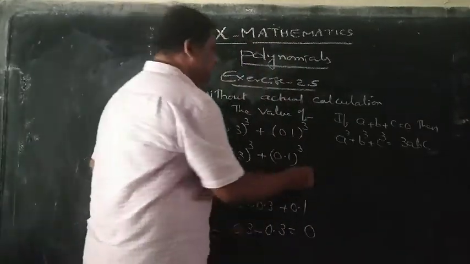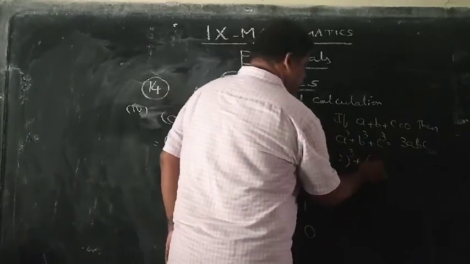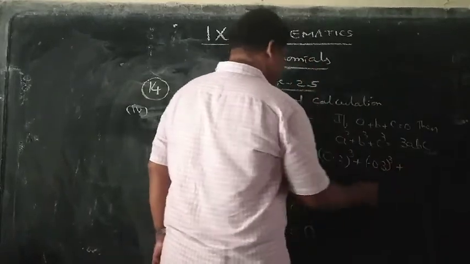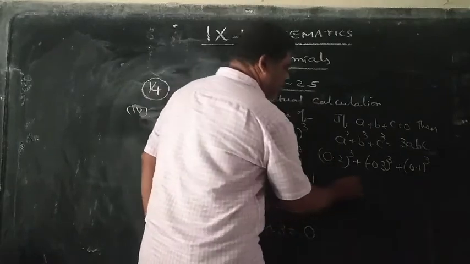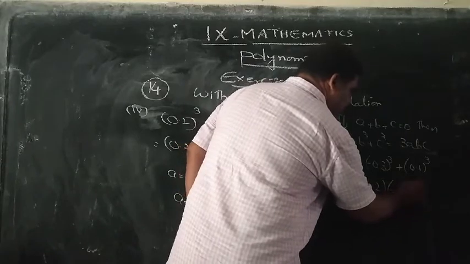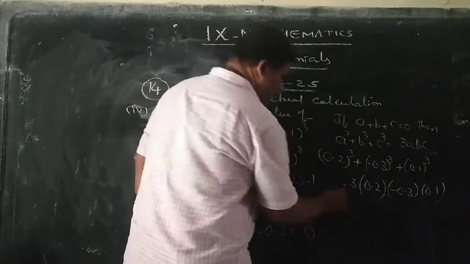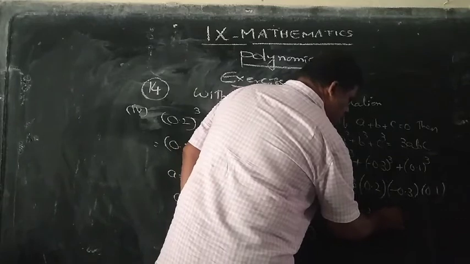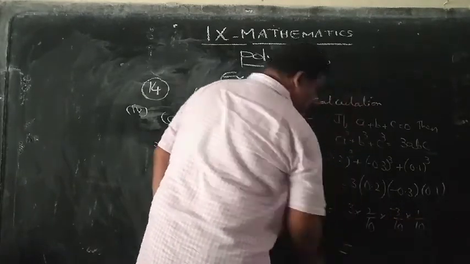So a cube means 0.2 whole cube plus minus 0.3 whole cube plus 0.1 whole cube. A cube plus b cube plus c cube is equal to 3abc. This is a, this is b and this is c. 0.2 is 2 by 10, 0.3 is 3 by 10, 0.1 is 1 by 10.